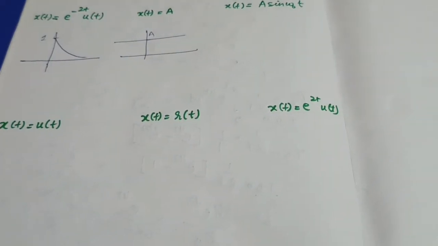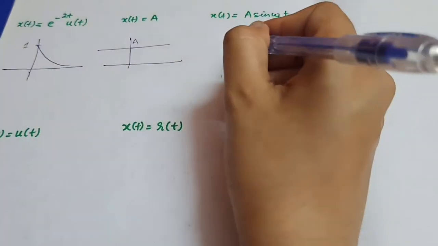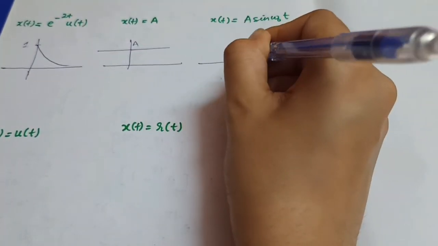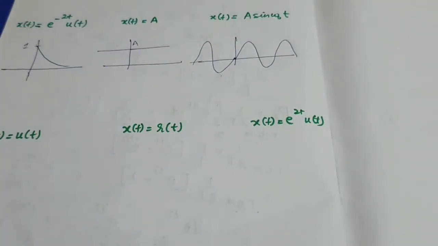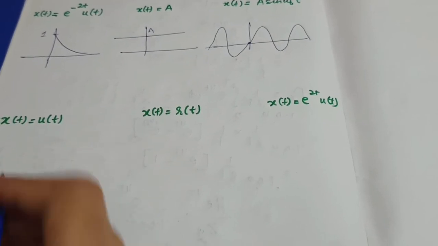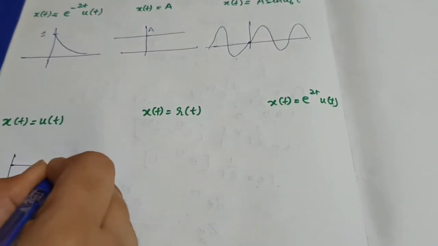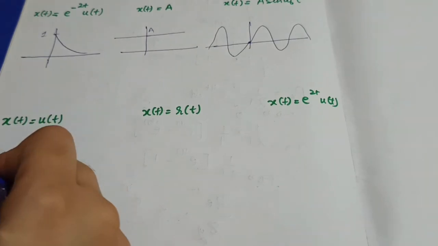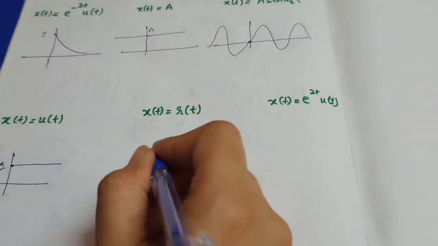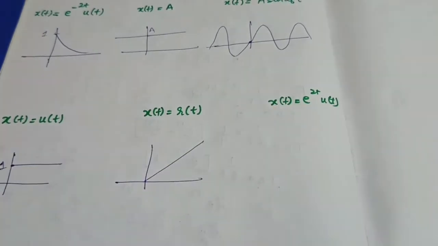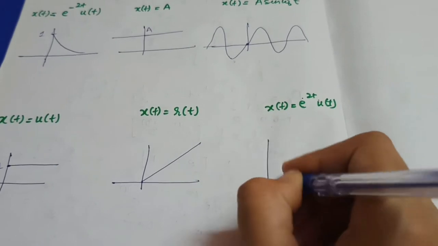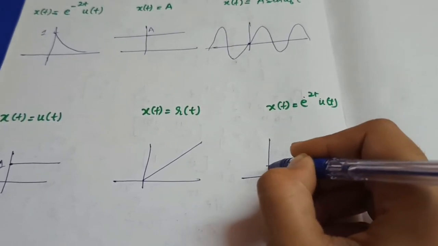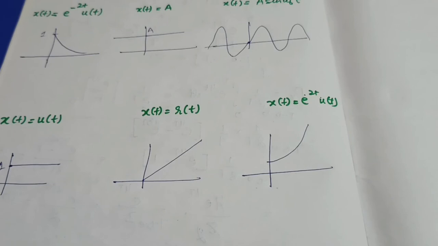Then the sine signal, I think you guys are already aware of the sine signal, right? Then the step signal, its value starts from 0 and goes to 1. Then the ramp signal, and then the exponential signal, but this time it is an increasing exponential.